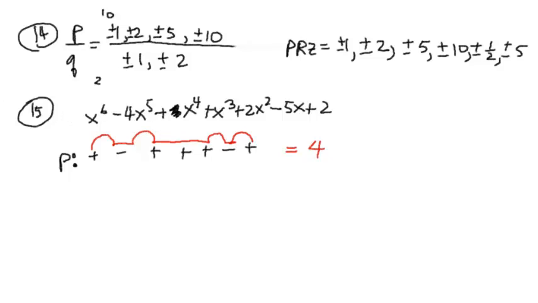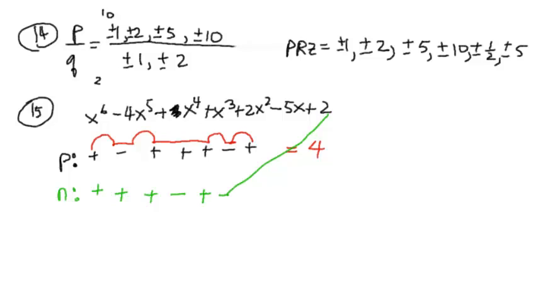If we put a negative in here, 6 negative signs would still be positive. And then this will be a negative, so 6 negative signs would be positive. 4 negative signs would be positive. 3 negative signs would be negative. 2 negative signs would be positive. 2 negative signs here would be negative.